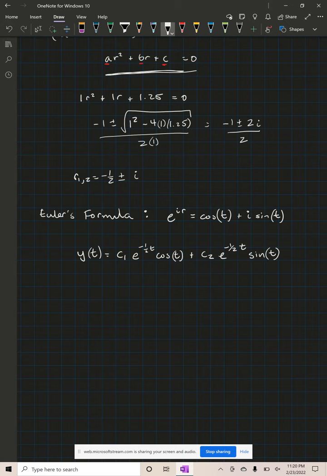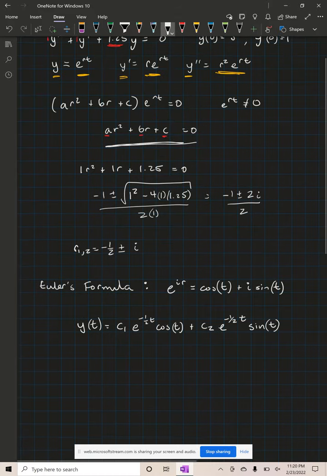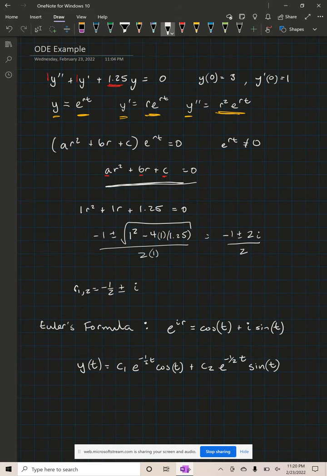What we need to do is solve for these constant coefficients in front of these values. The way that we solve for c1 and c2 is we go back to our initial conditions given here, and we solve for those expressions.